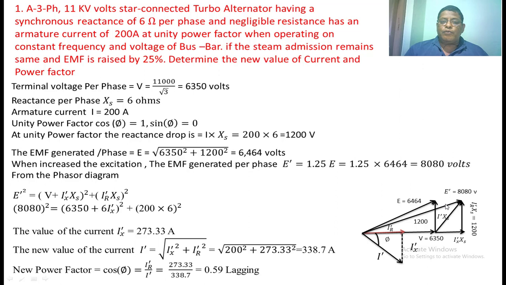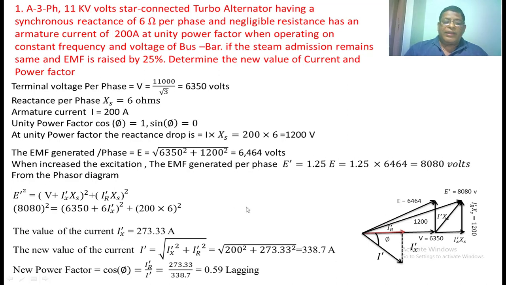The new value of the voltage, E dash square, equals (V plus I X dash Xs) whole square plus (I R dash Xs) whole square. The phasor sum of this side and this side gives E dash, because this forms a right angle triangle.